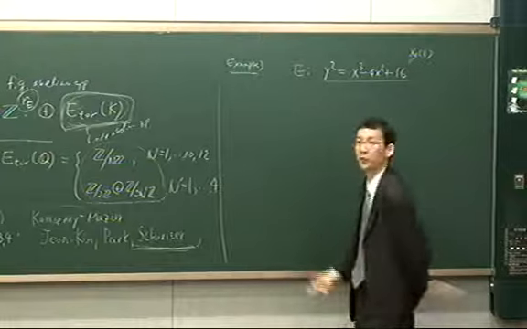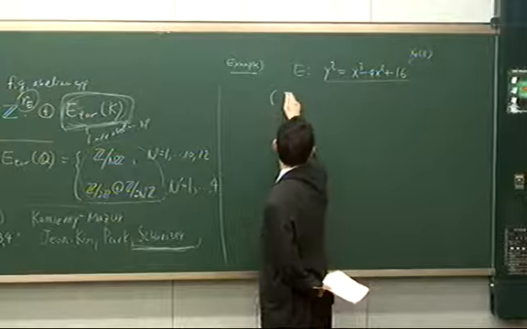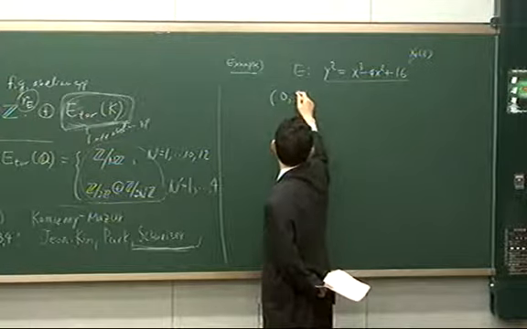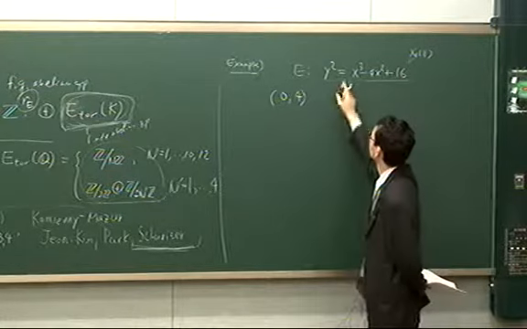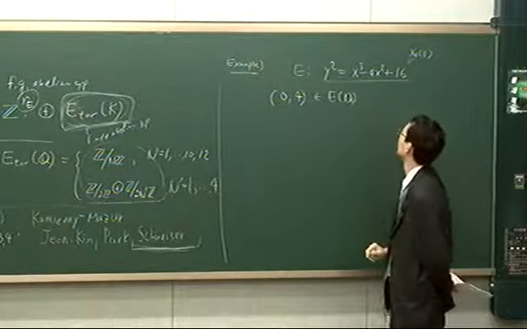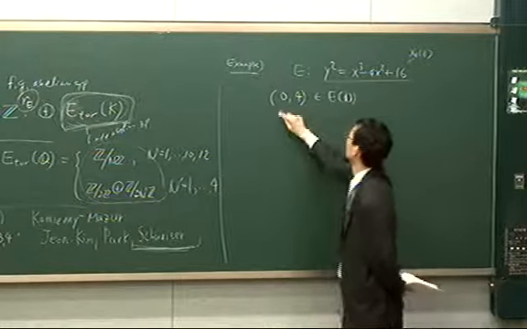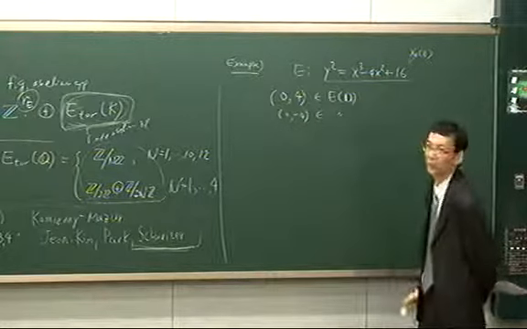First, let me focus on the torsion structure. So we can easily calculate that (0,4) is in the Mordell-Weil group, and (0,-4) also is in the Mordell-Weil group.